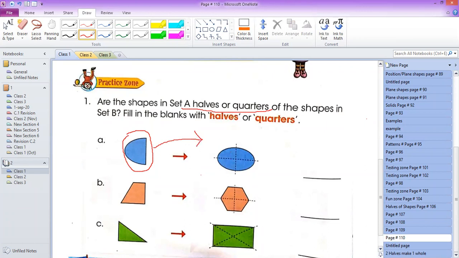So guys, identify it and send me your answers in the chat box. For A, is it half or a quarter? Send me your answers in the chat box.